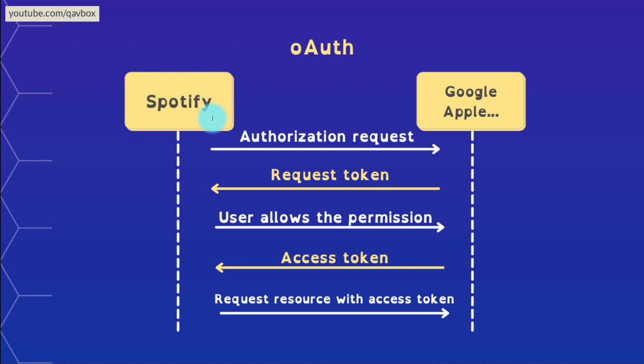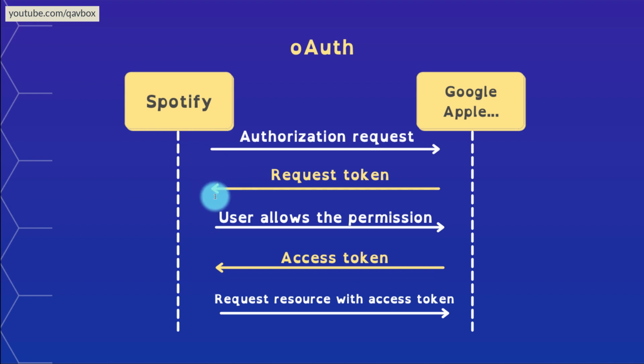Once that is done, Spotify needs certain information of that user. Spotify will mention that, because you have given me access, the next things I need are the user profile details like the address, contact number, full name, all this information.